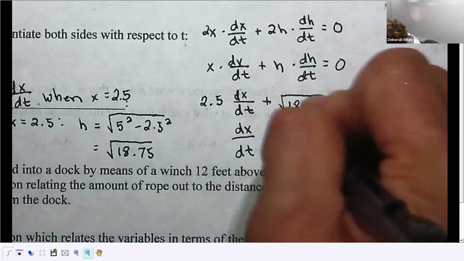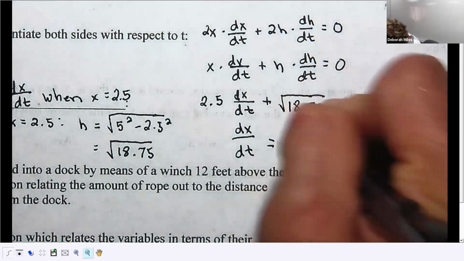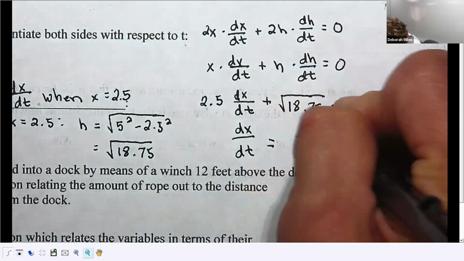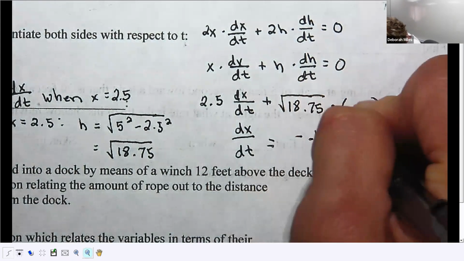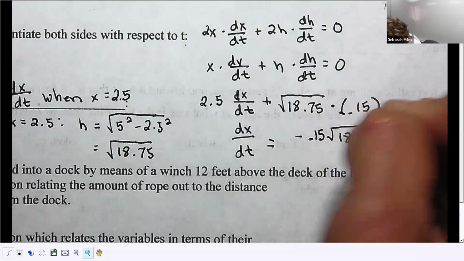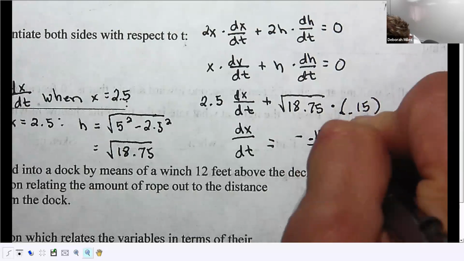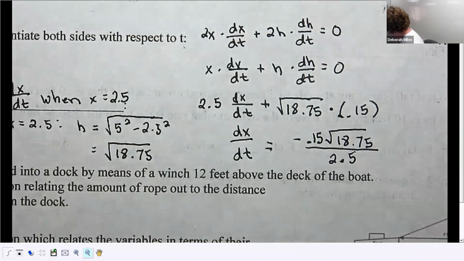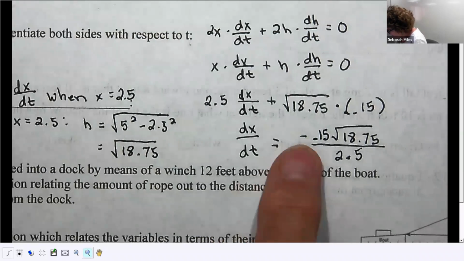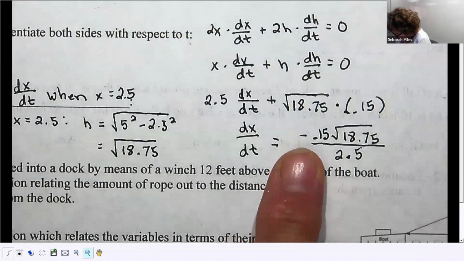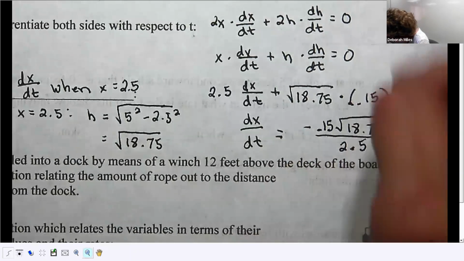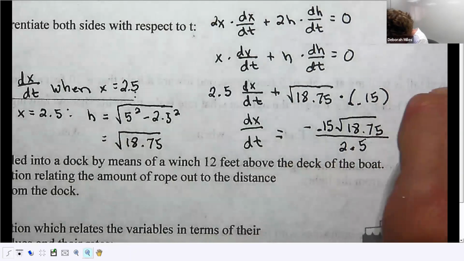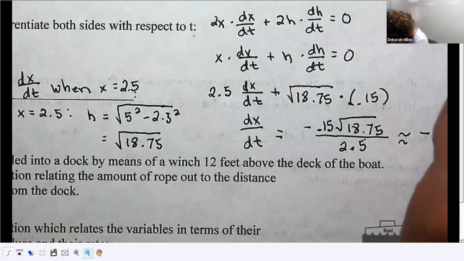I'd need to subtract the 0.15 times the square root of 18.75 and then divide by the 2.5. So sure enough, that's going to be negative like we expected it to be. I punched it on the calculator already and got that to be about negative 0.26.